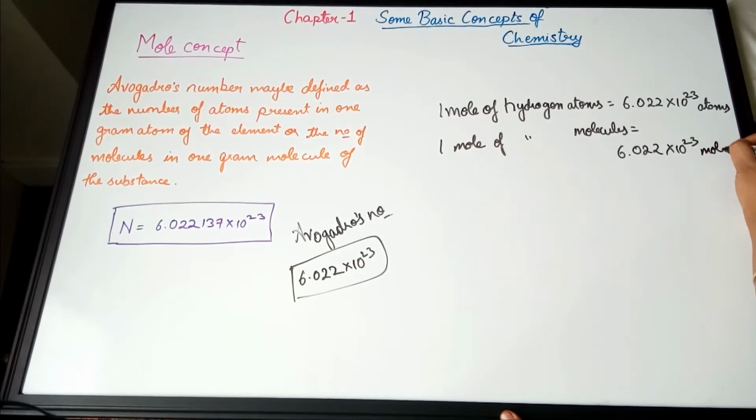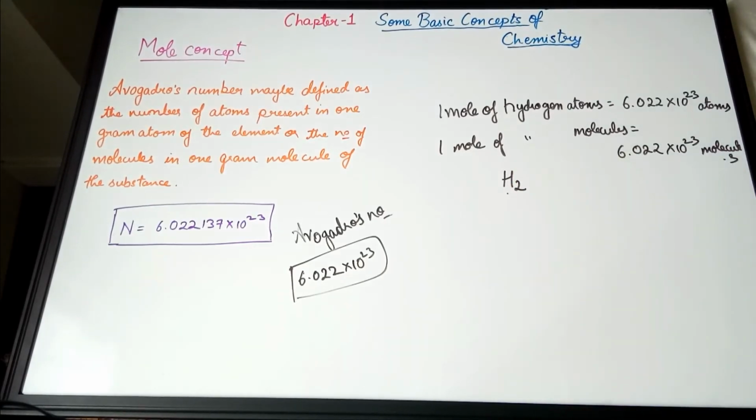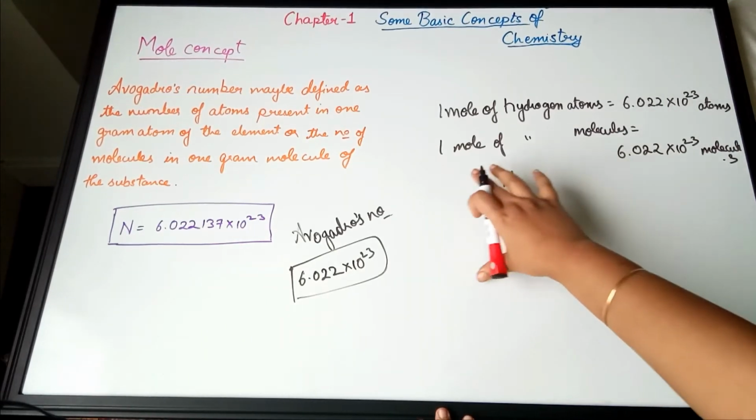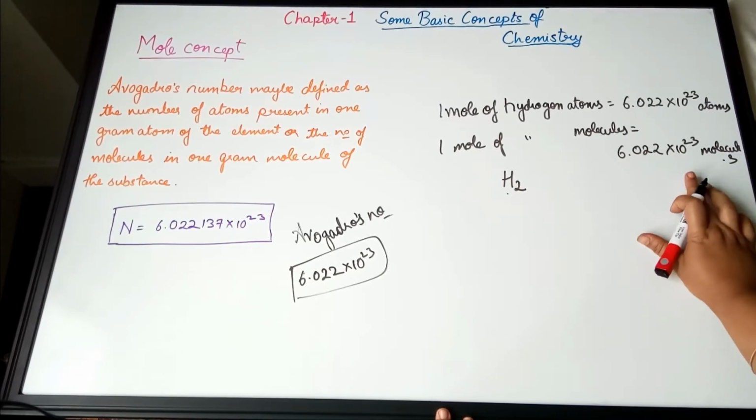Each molecule of hydrogen has 2 atoms. So the number of atoms in 1 mole of hydrogen molecules would be 2 into 6.022 into 10 to the power 23.